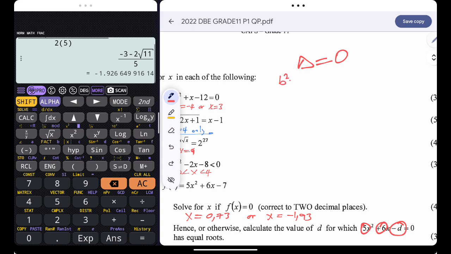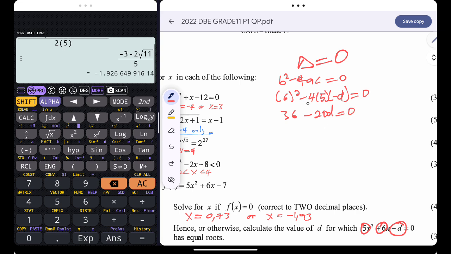So b squared minus 4ac being equal to 0, I'm simply saying 6 squared minus 4ac is equal to 0. This is 36 minus 20d is just equal to 0.